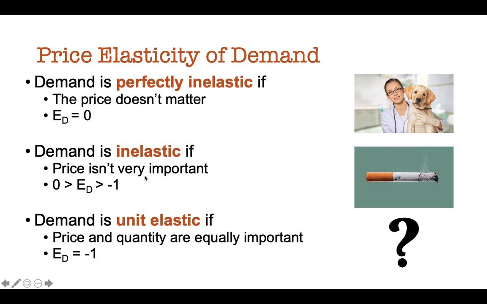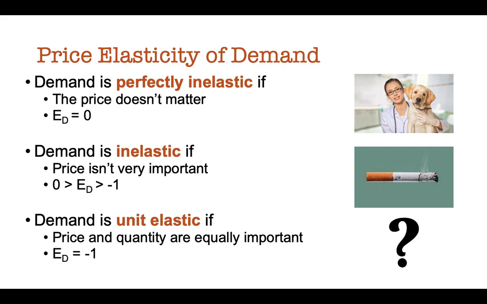Now, realistically, generally we say demand is inelastic, or relatively inelastic, if price isn't very important. So it does matter somewhat, but not very much. This would be the case for something like cigarettes. For cigarettes, price isn't very important to people who smoke them because they are probably addicted to the nicotine, which is an addictive substance.